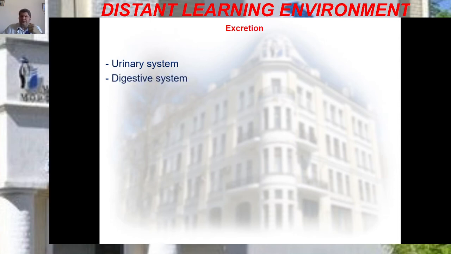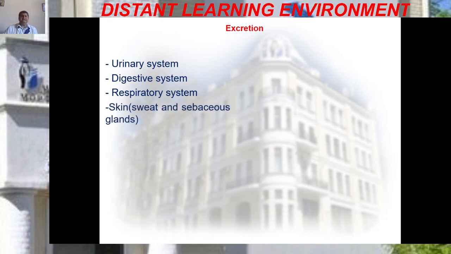But I also want to tell you about the digestive system as an excretory functional system, and also the respiratory system. We can excrete metabolites through expiration, through expiratory air, and our skin also takes part in excretion.